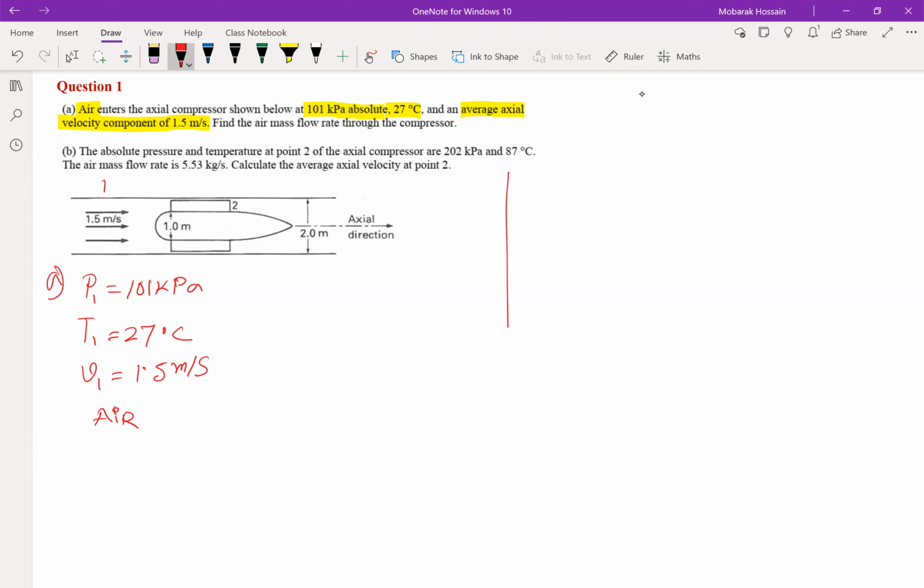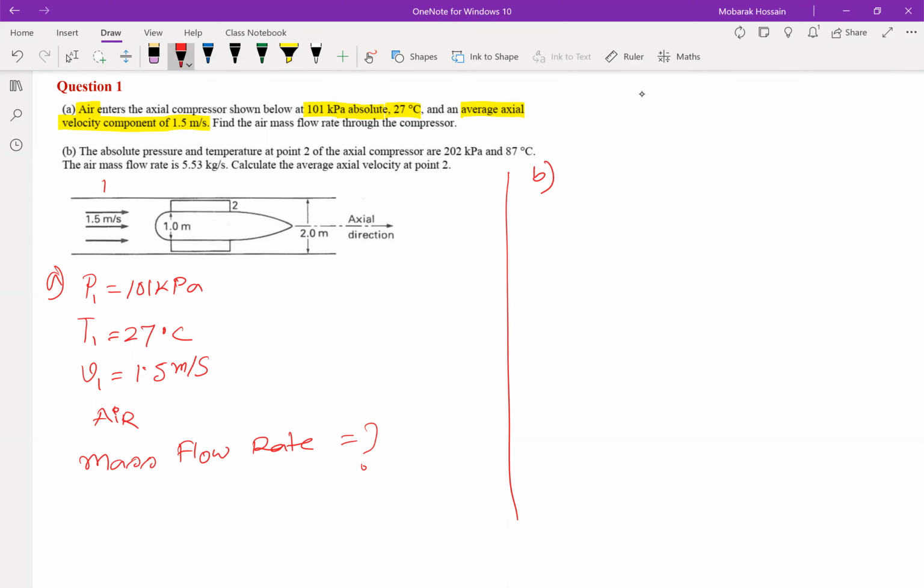Now for part B, we have one more section. Part B is the absolute pressure and temperature at point 2.